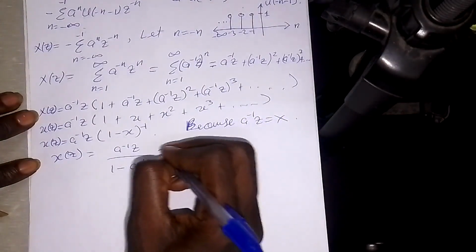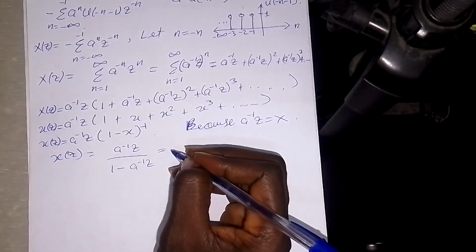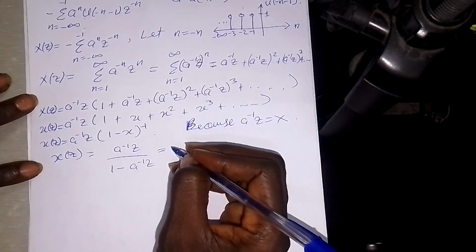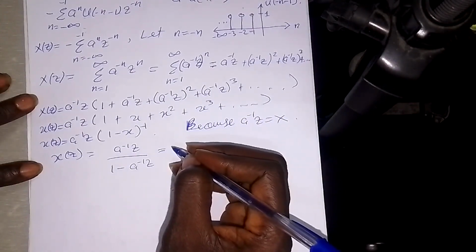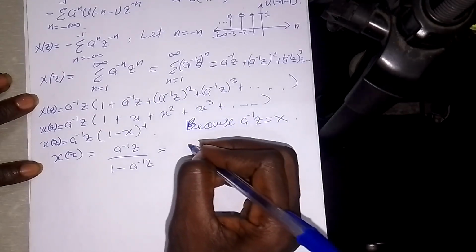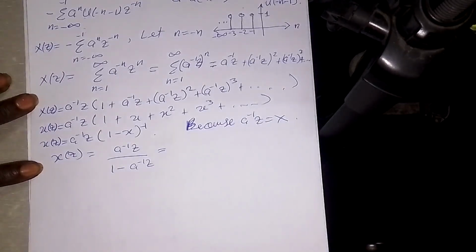So now if I have this one, I can multiply through by A. If I multiply through by A, please, there is something I have been omitting. I'm so sorry.